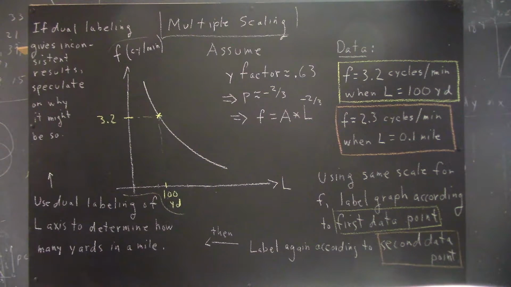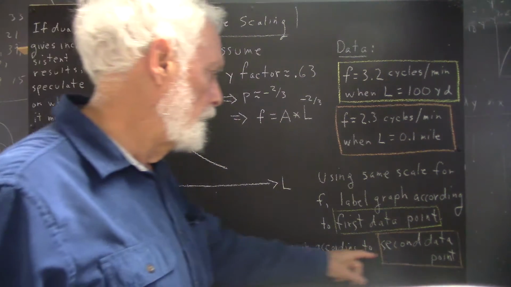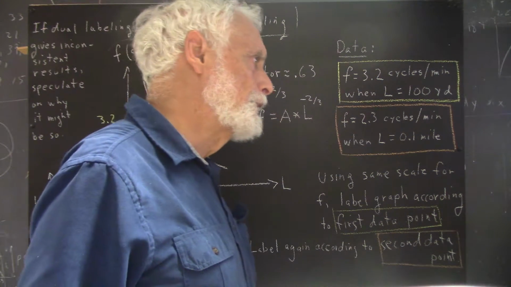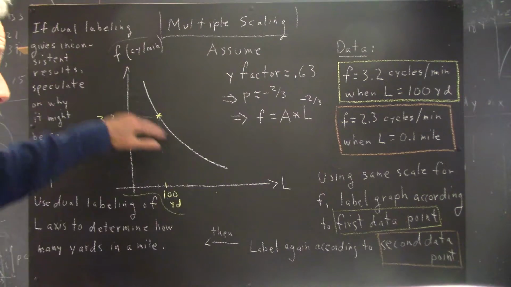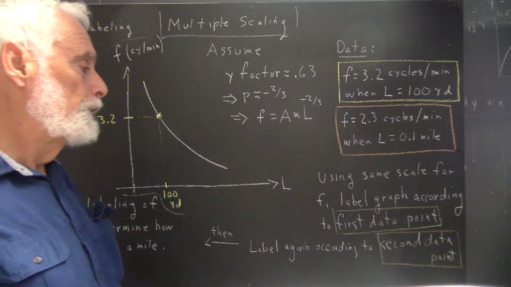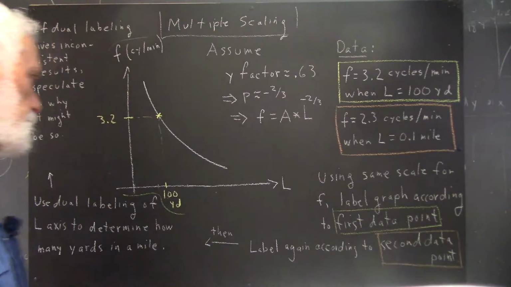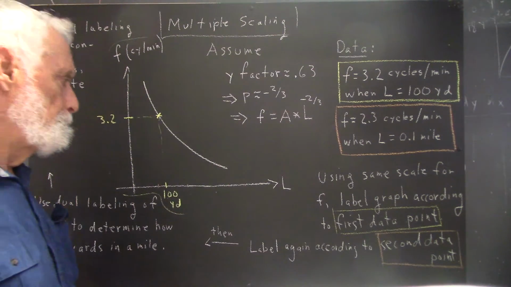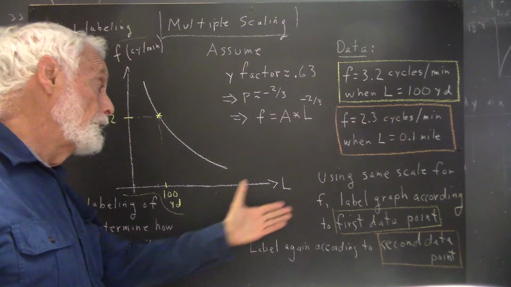Okay, so what I want you to do then is label the graph again according to the second data point. Now we're going to use the same curve, but of course our length is measured in different units. So we're going to have a different labeling for our length.